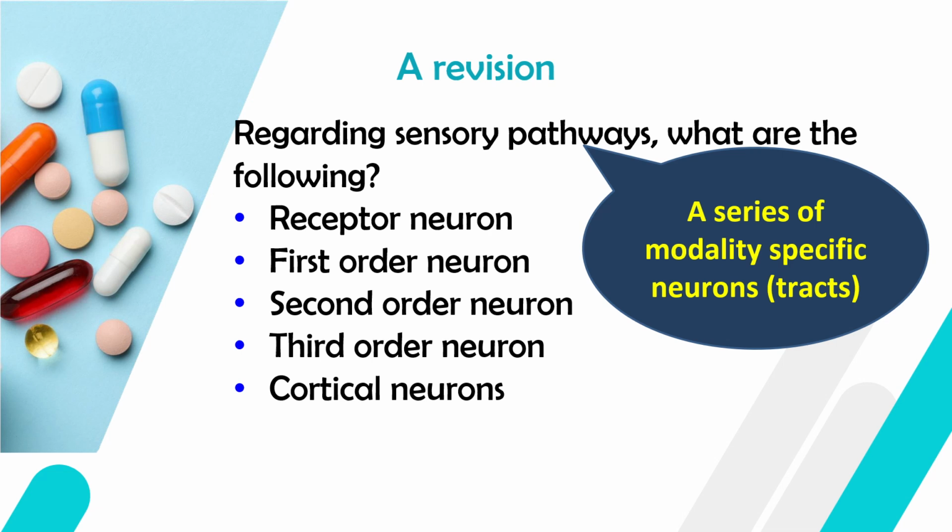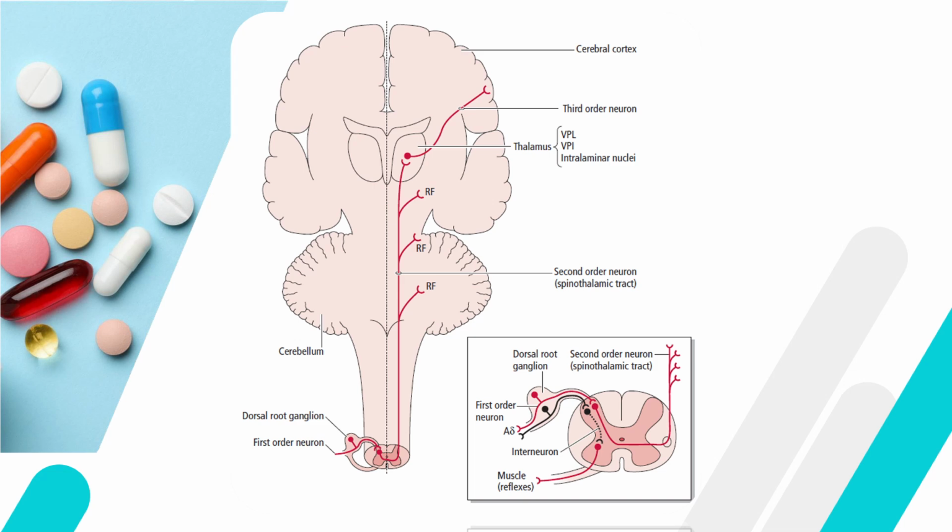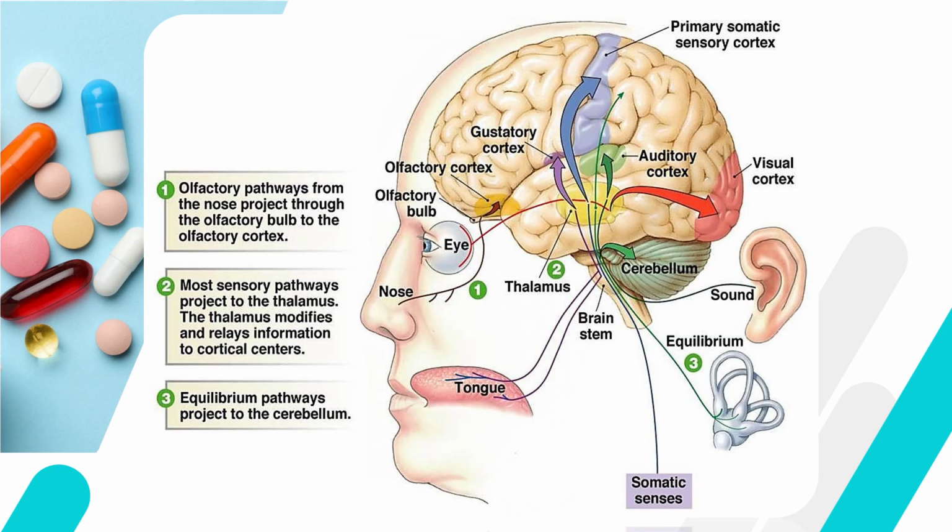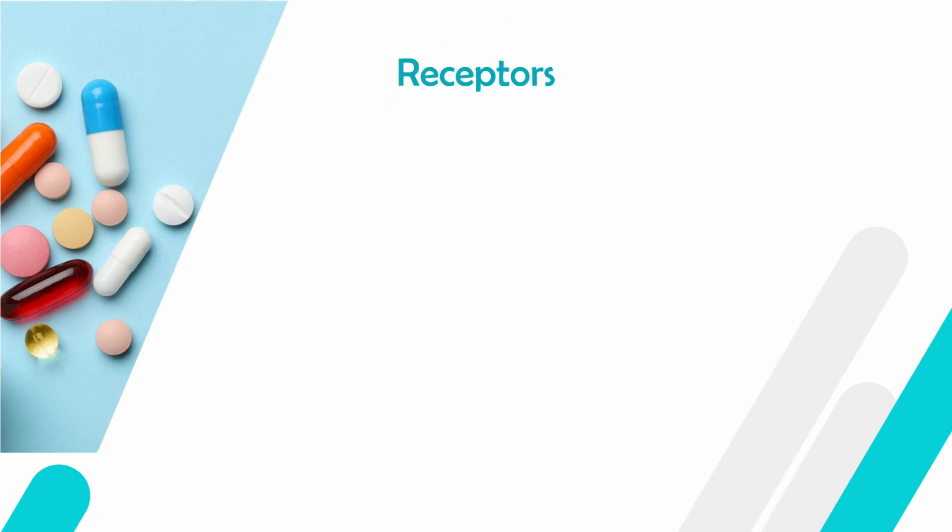But we have more cortical neurons in secondary, tertiary, and association integrative areas, so we have a series of cortical neurons. This is important. We will see about this when we start discussing individual nerves. First, second, third order neurons are typical in the spinal cord and spinal nerves, but when it comes to the sense organs, it's a bit different. I'm not going into the details, but we have a gustatory cortex related to taste, an olfactory cortex, and different cortices related to these special senses. Okay.